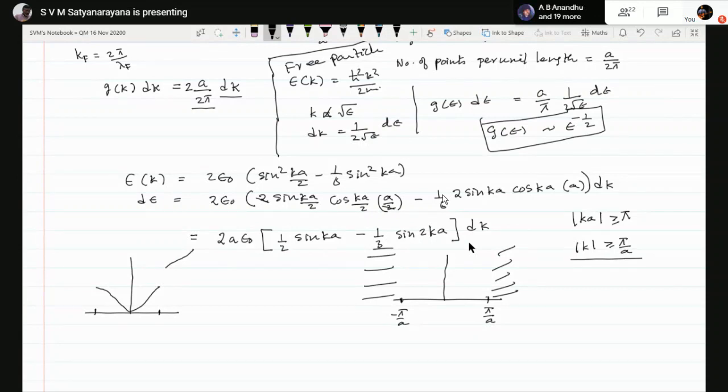There is some folding back possible, called the reduced scheme. Consider that the kF at 0, these are like each one of them is like an allowed energy value, right?